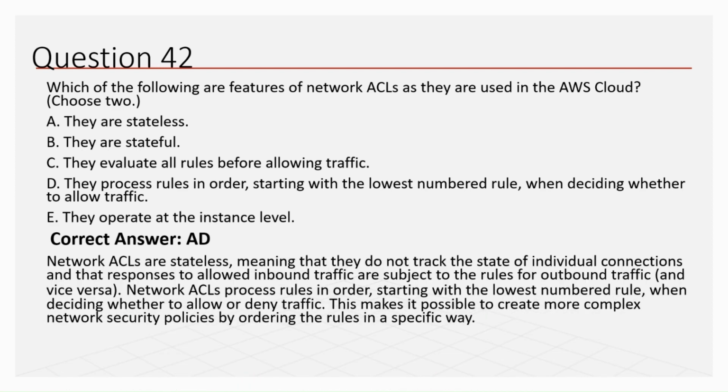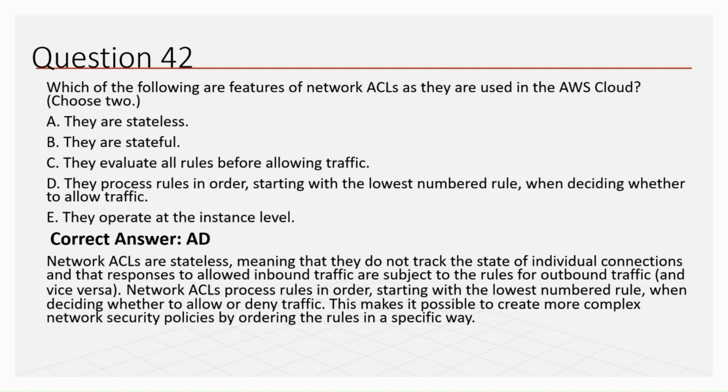The reason for this is that network ACLs are stateless, which means that they do not track the state of individual connections, and that responses to allowed inbound traffic are subject to rules for outbound traffic and vice versa. So, whatever rules are being applied for inbound traffic, they are subject to the rules for outbound traffic. So, that is what network ACLs being stateless means.